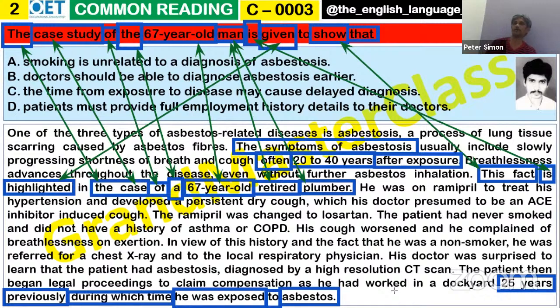It's very clear there. And what is the key word here in both the expressions? In both the expressions, the key word is exposure. Before and after, they are relative words.